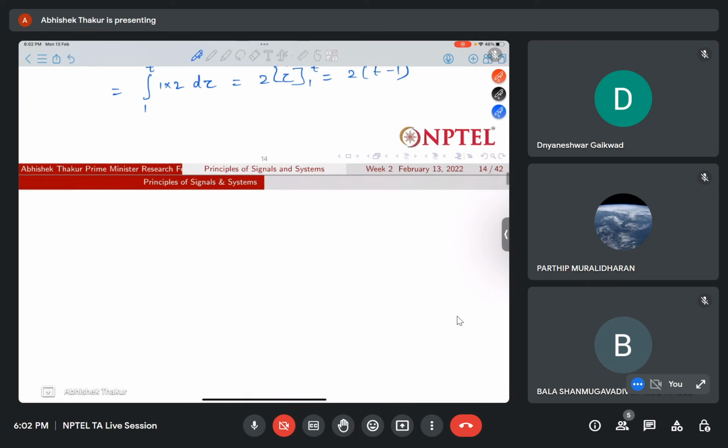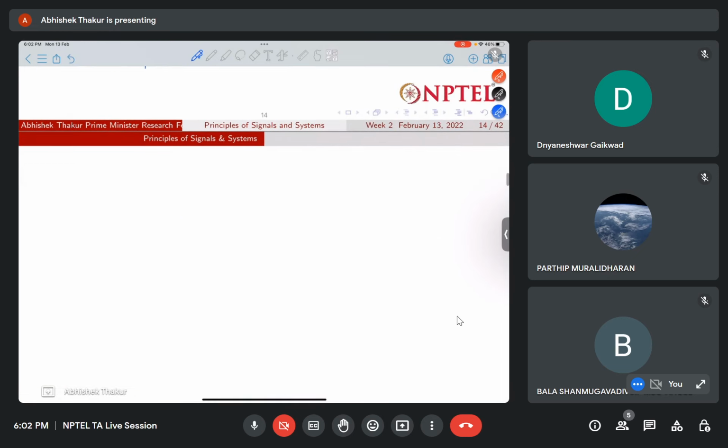Okay. So we will now take t between 2 to 3. Now when t is between 2 to 3, our x(tau) is fixed. That is 1, 2, 3, and this is 1. Now here t minus 1 will be between 1 to 2.